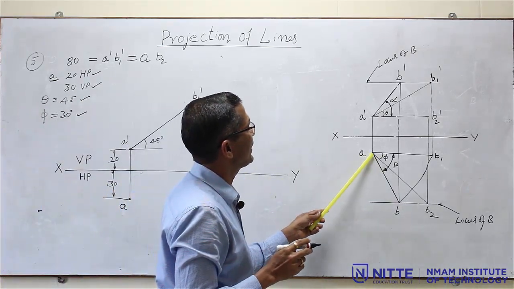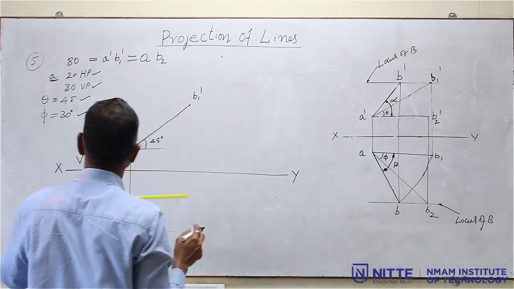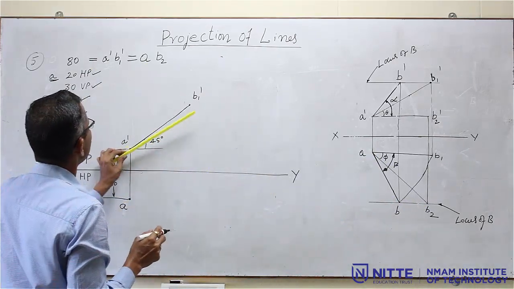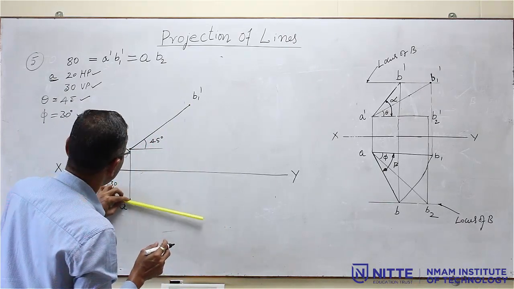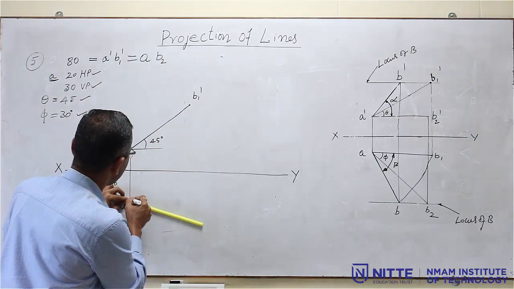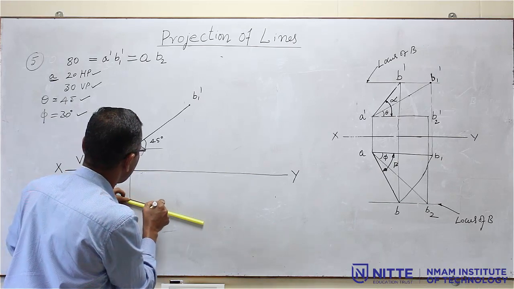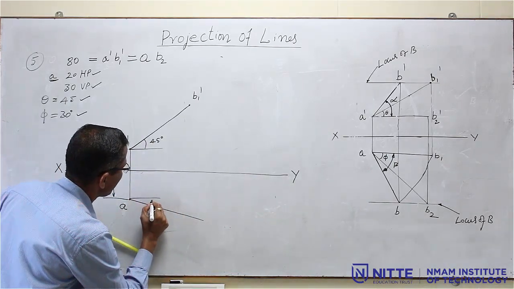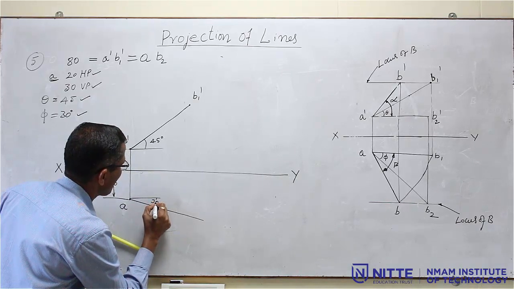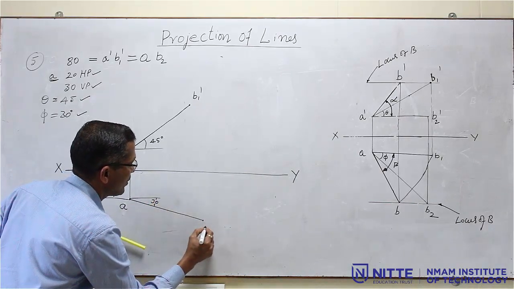What is phi? Phi is the inclination of A B2. What is the length of A B2? A B2 is 80 mm, and it is at 30 degree inclination. This angle will be 30 degrees from here to here, and this is B2.